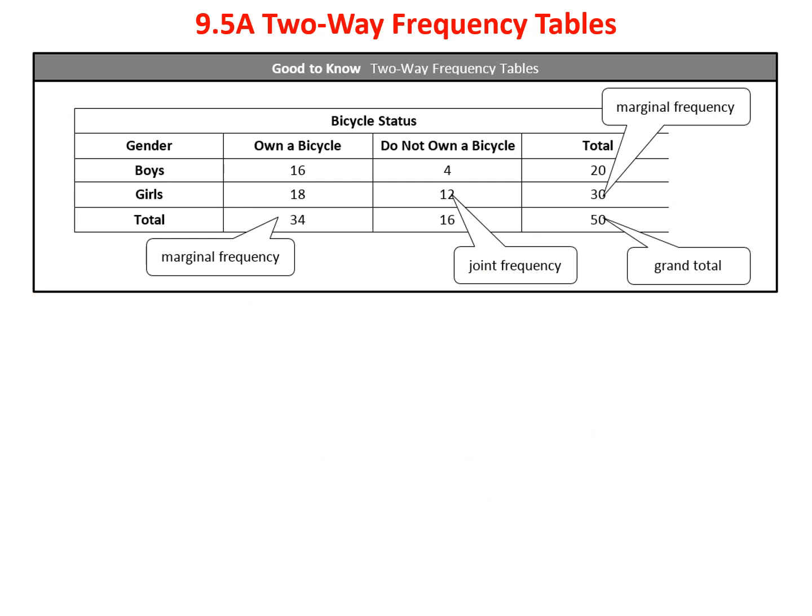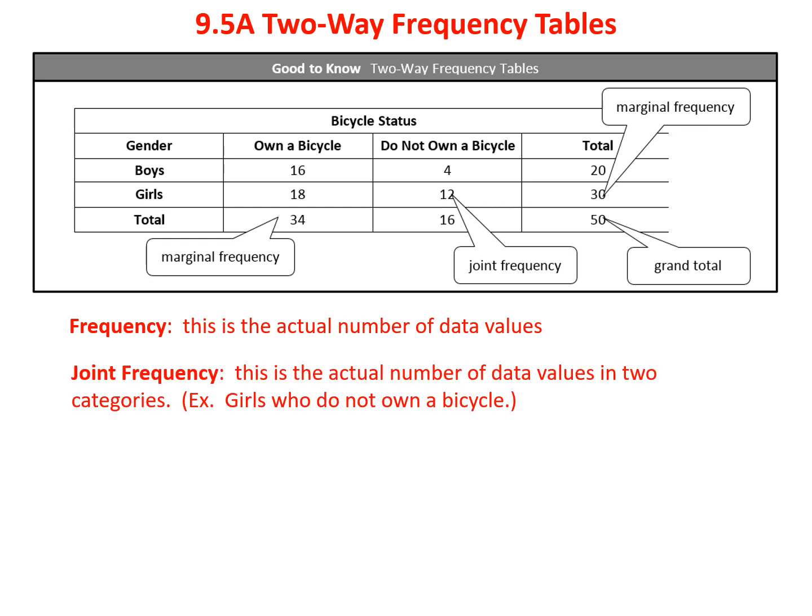So let's get into the bulk of the notes. Some of this we just went over with vocabulary, but let's hit it again. First of all, a frequency is the actual number of data values. We interviewed 50 people and they each have a value. The joint frequency is the actual number of data values in two categories.